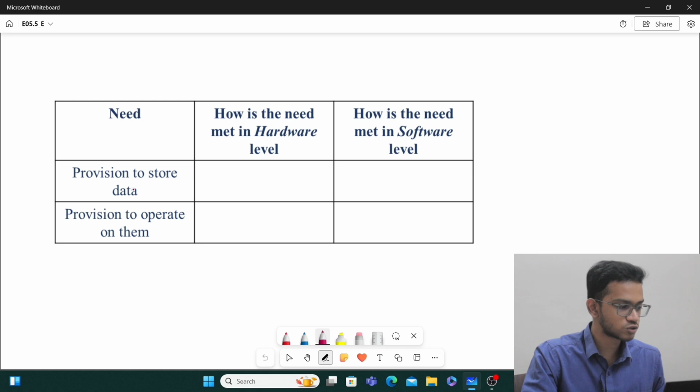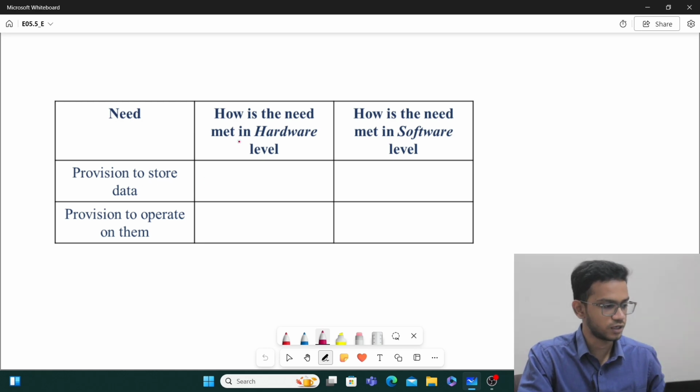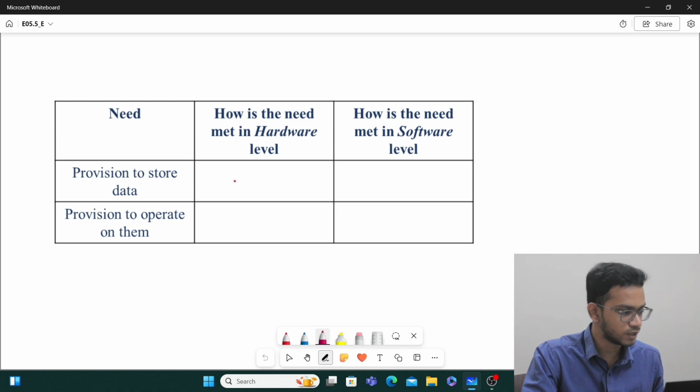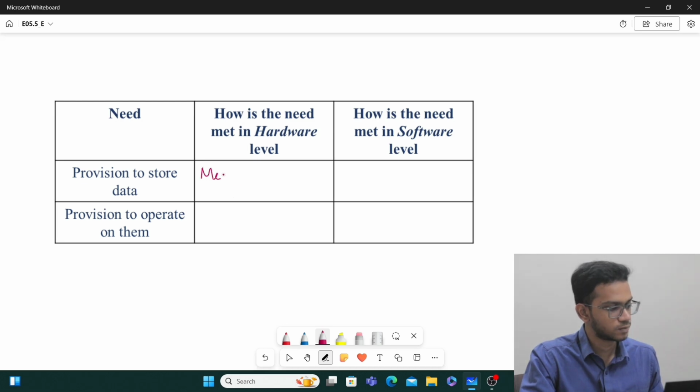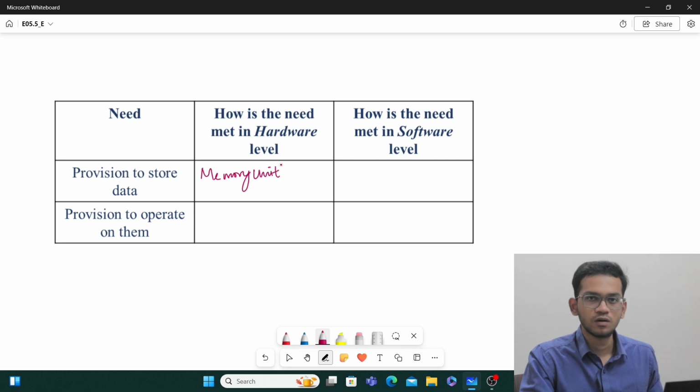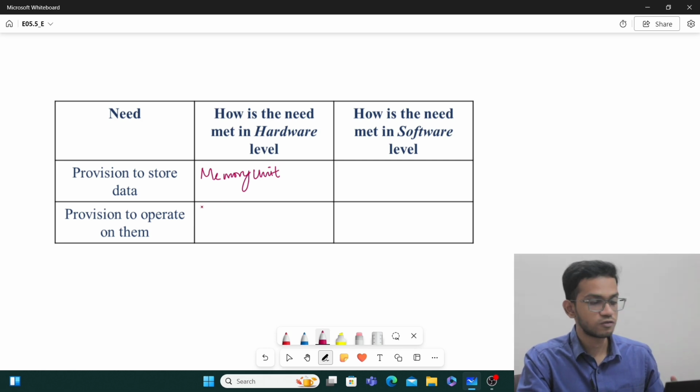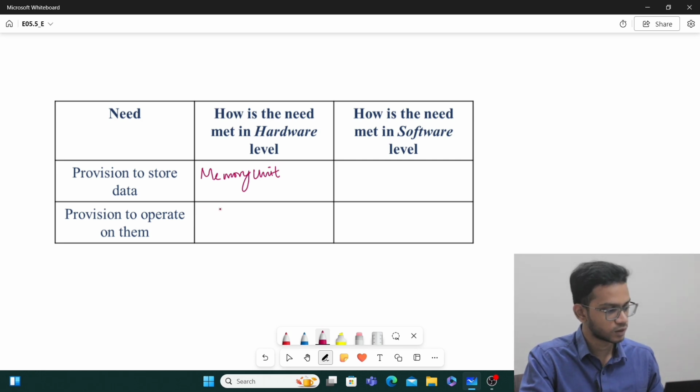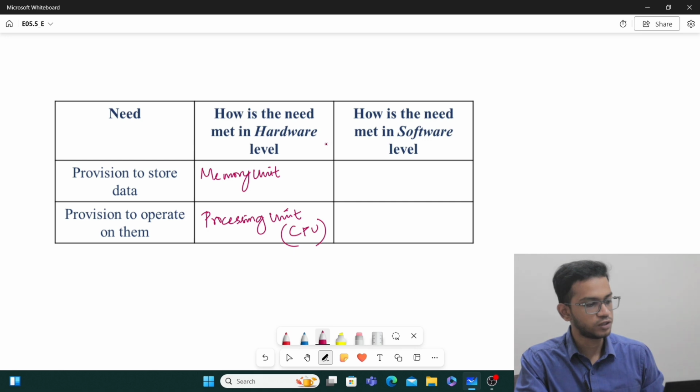The provision to store data is a need, and that need, as we saw earlier, at the hardware level is met by the memory unit. And the provision to operate on them is achieved by using the processing unit, or simply your CPU.